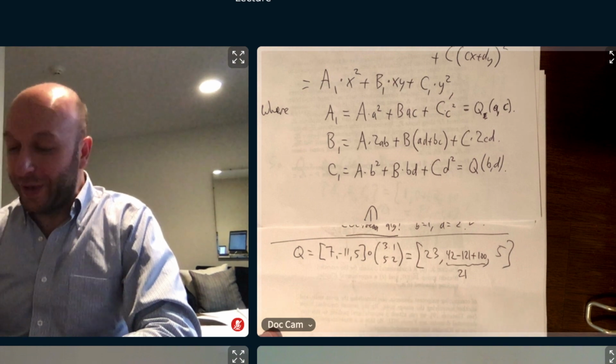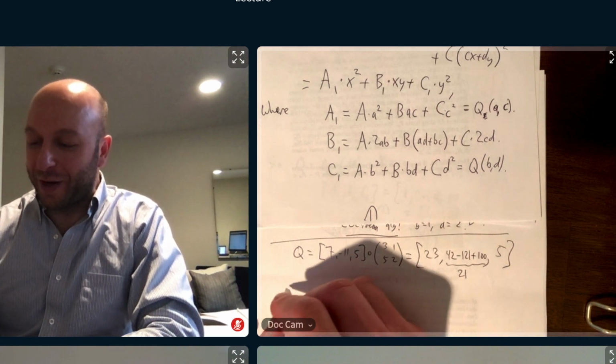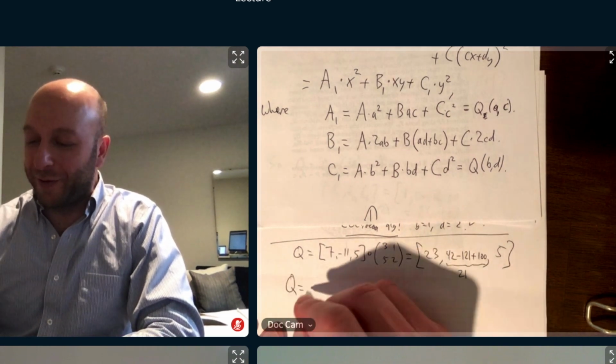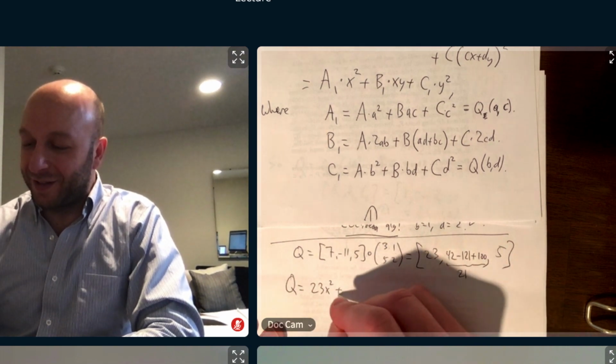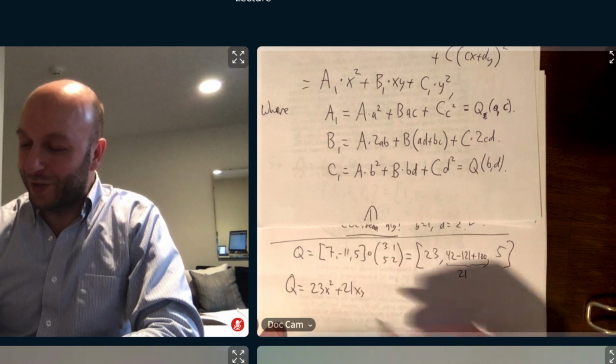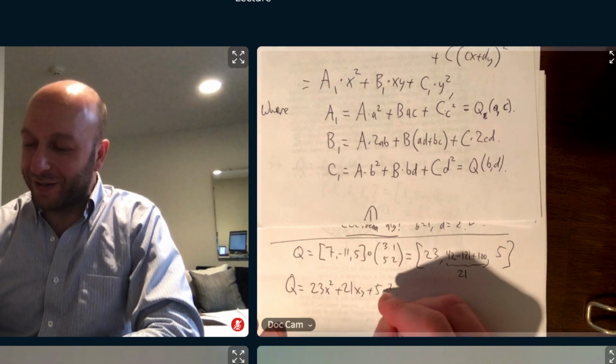Right. So what do we got? So look at this. We have a quadratic form Q. Q is the quadratic form 23x squared plus 21xy plus 5y squared.